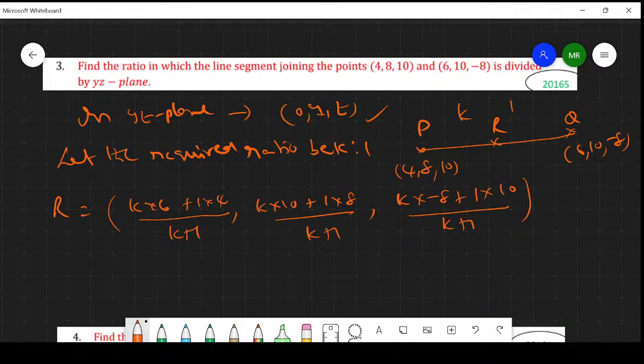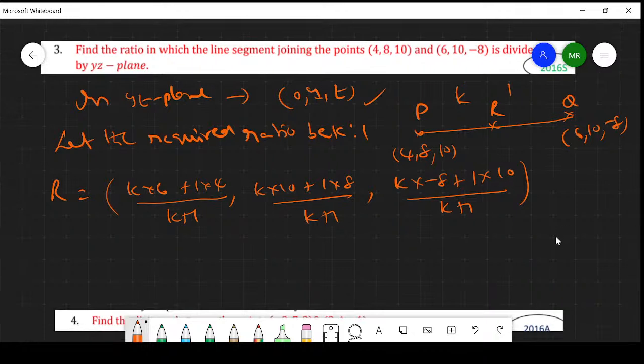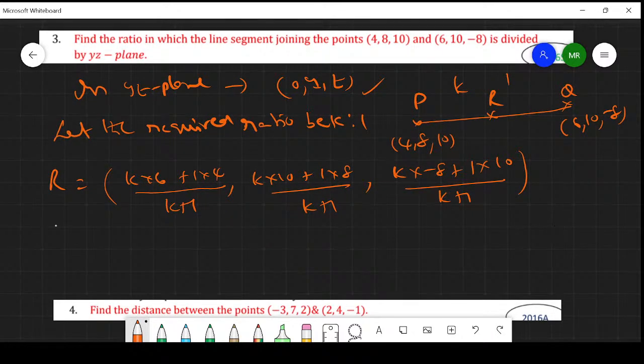But we know that since R lies in yz plane, x coordinate will be 0. I can conclude like that. Since R lies in yz plane, x coordinate will be 0, right?